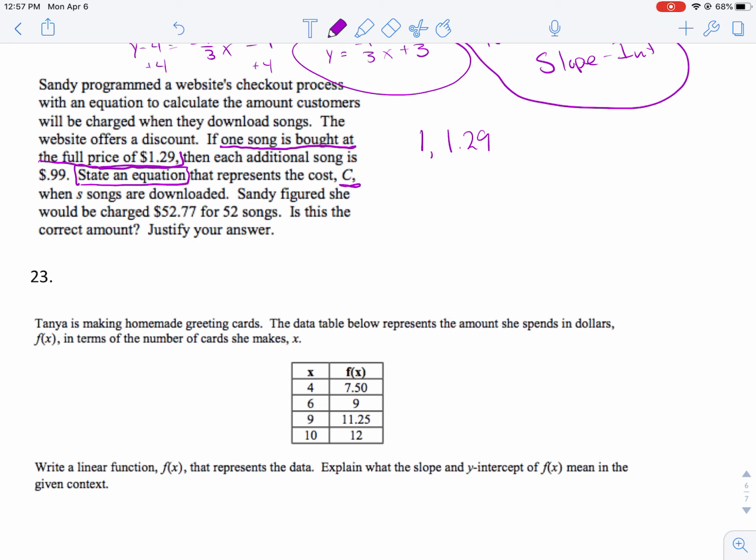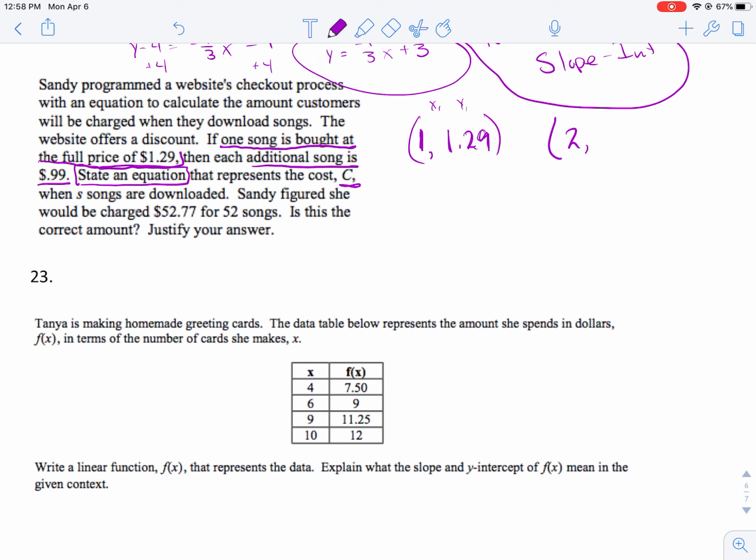So when one song is bought, our output is $1.29, because this function is used to find the cost. So our cost for one song is $1.29.